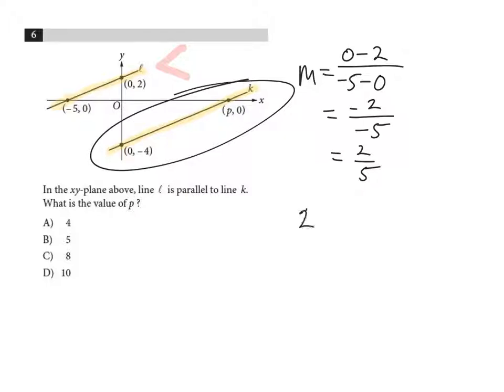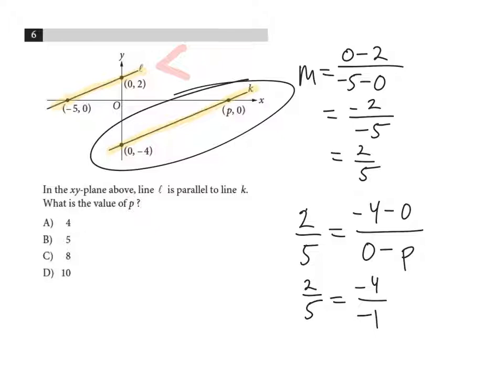So that means that 2/5 is going to be equal to -4 minus 0 over 0 minus p. Okay, well, that's just going to be 2/5 is equal to -4 over -p.